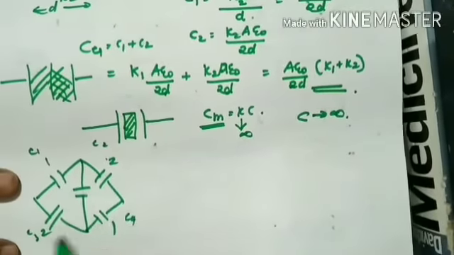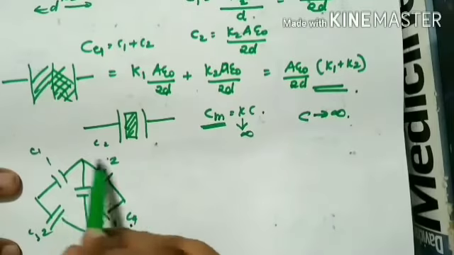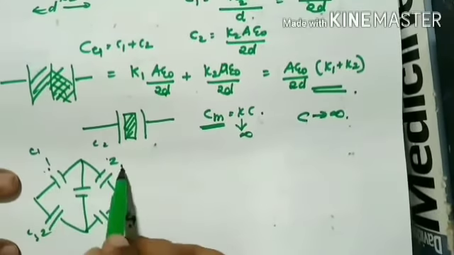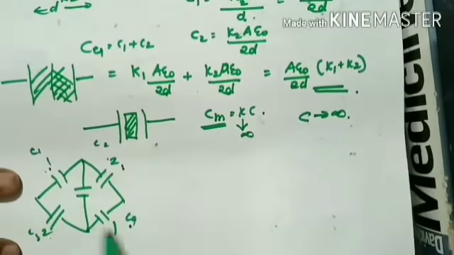C1 by C2 should be equal to C3 by C4. But does this show the same value? This is 1, this is 2. So 1 by 2 is not equal to 2 by 1. So this circuit is not balanced.